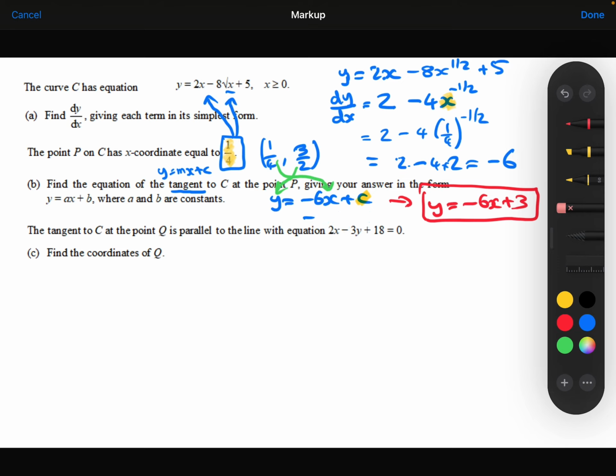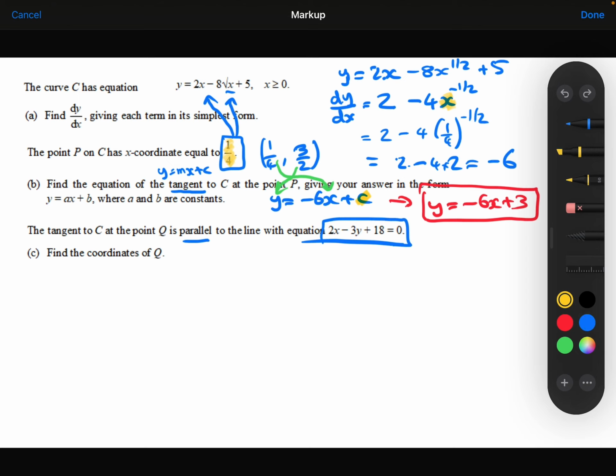Then part C, we are now told that the tangent to the curve at point Q, so a different point now, is parallel to this line. So parallel means same gradient. So the tangent has got the same gradient as this line.